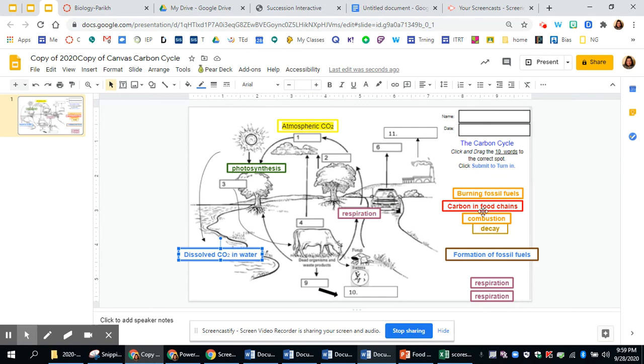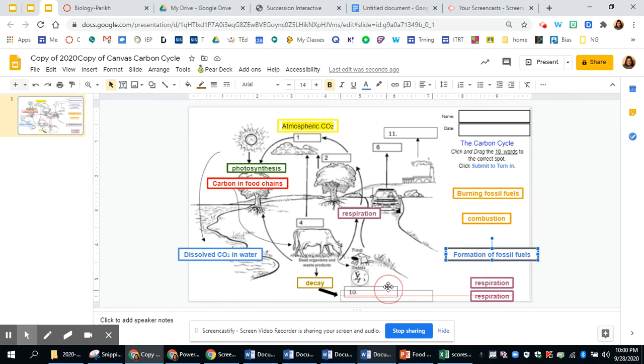Everything else, whether we're talking about food chains or food webs, we see carbon being transferred from one organism to another. And as organisms die, carbon's then transferred into the ground and recycled through the process of decay.